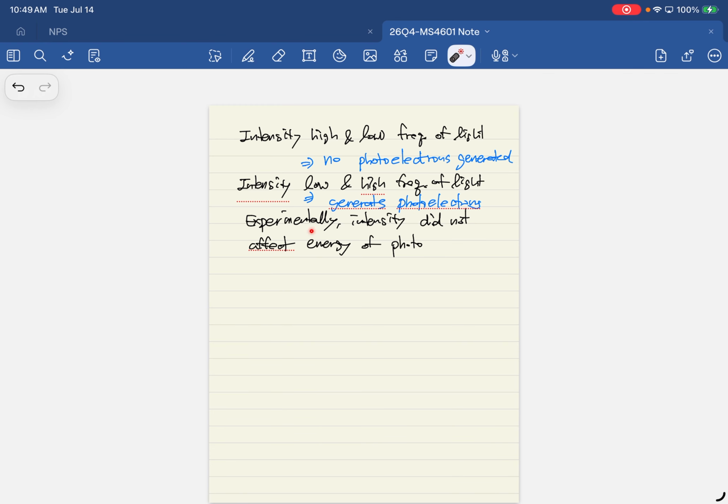So experimentally, intensity did not really affect the energy of photoelectrons.